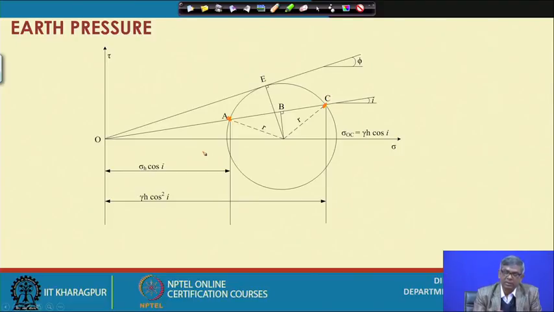Similarly, when there is a sloping backfill, again we can take the help of Mohr circle and find out the expression for coefficient of earth pressure, active condition and passive condition. So that is the one. This is your lateral stress and this is vertical stress. Now taking this geometry, we can establish other things.